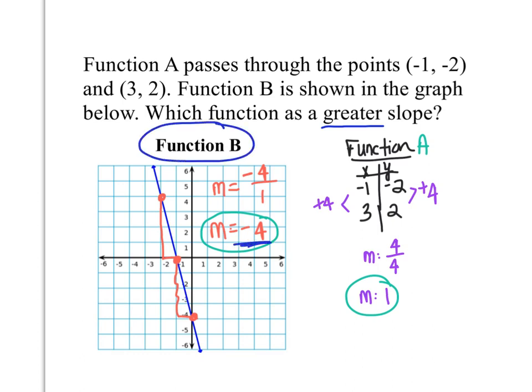It's changing by 4 every single time, whereas function A is only changing by 1. We can think of a greater slope also as a steeper line. So again, when we compare slopes, we forget about the negatives and just look at the actual amount that it's changing by. Changing by 4 is much bigger than changing by 1.